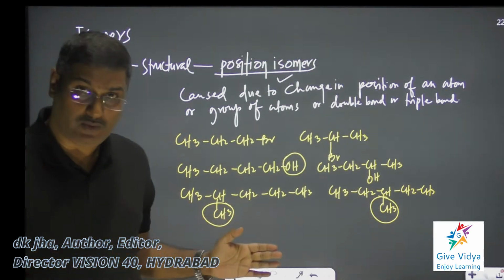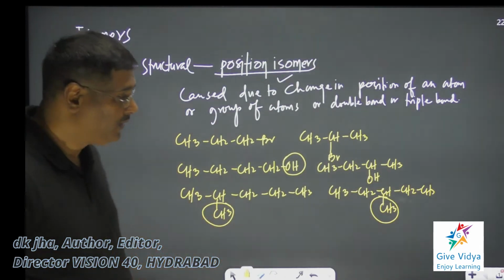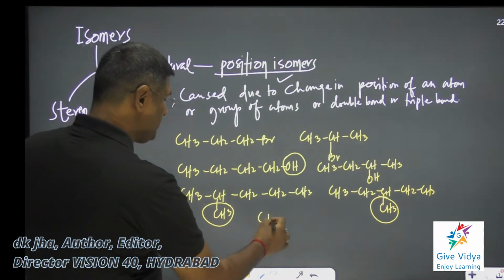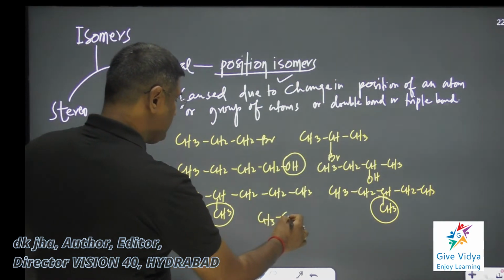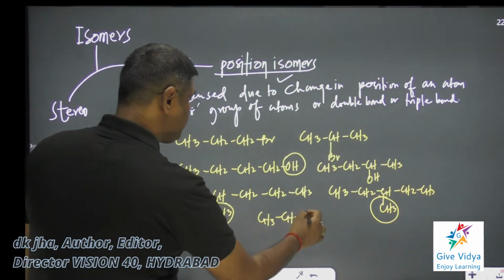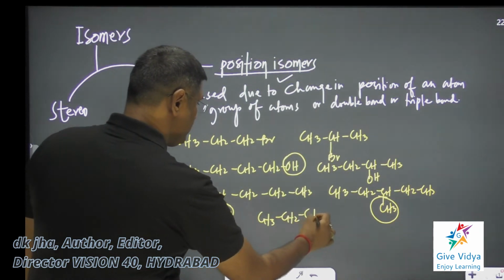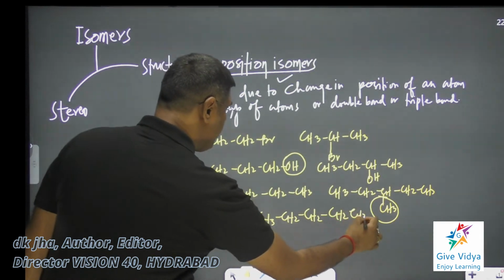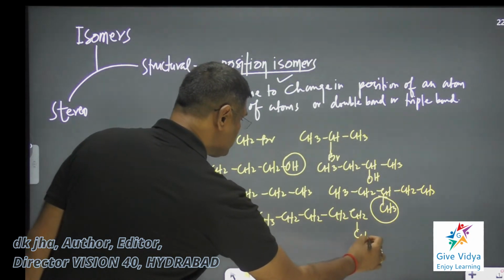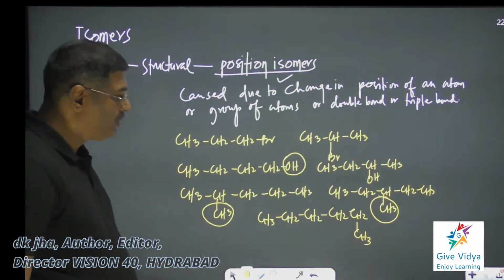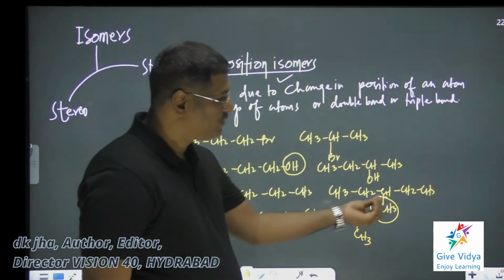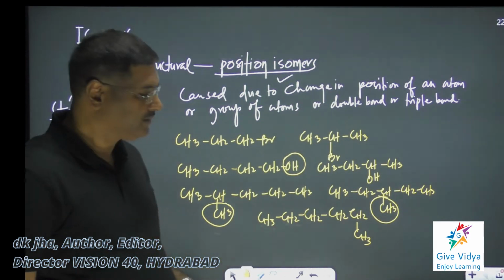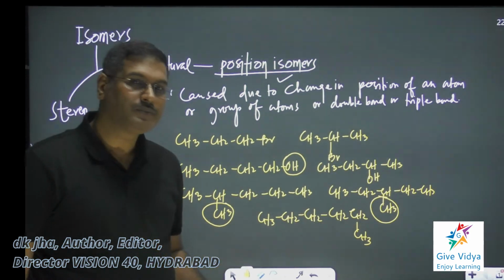Now we are changing the position of the same group, CH3, CH2, CH2, 1, 2, 3, 4, 5, CH2, CH3. We take this methyl group to this first place. What do you think now?